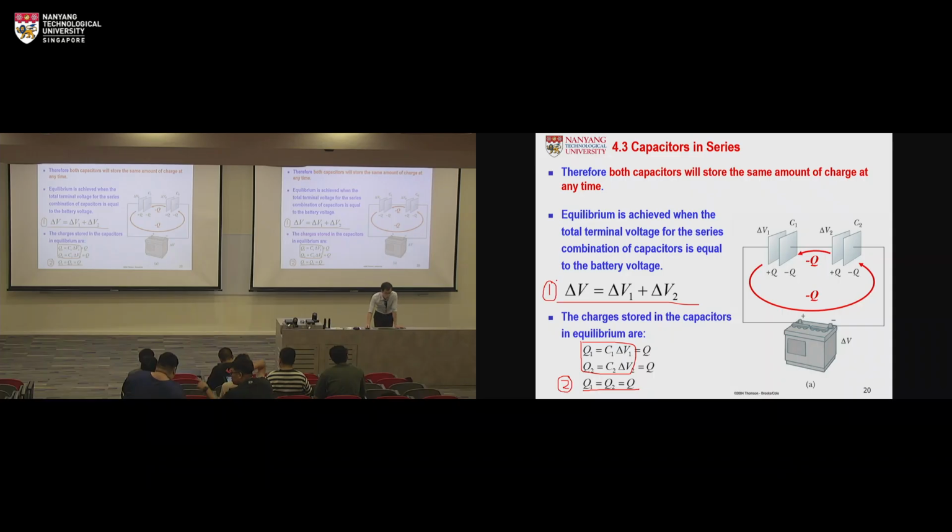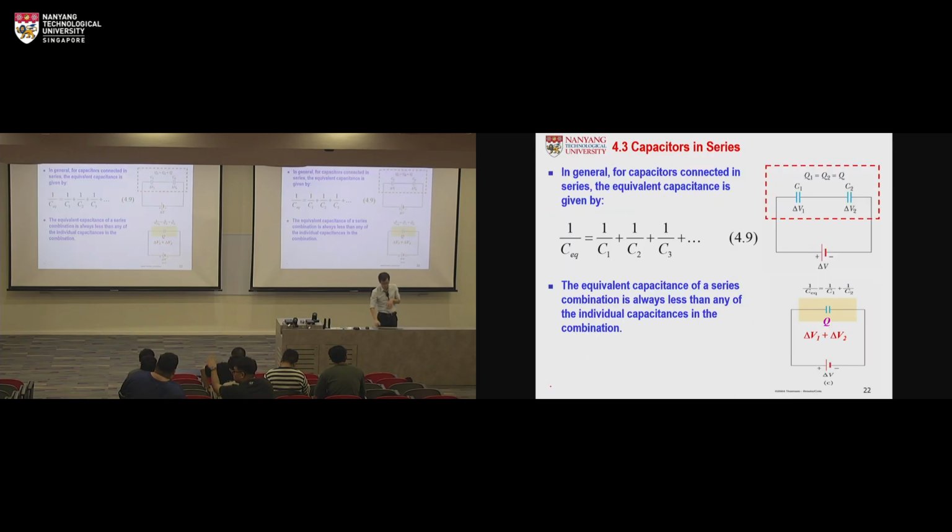So you try to figure out this 1 and 2 for the two capacitors connected in series. And with this, you can also figure out this is a formula to give you the equivalent capacitance of multiple capacitors connected in series.